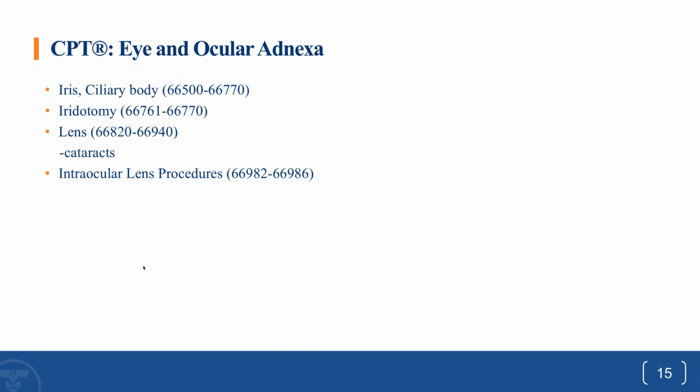Let's see the difference. Who can see the difference between these two codes? Iris expansion, suture support. Got to make sure you highlight the difference between those two codes. Pretty sure you're going to have a question from right there.